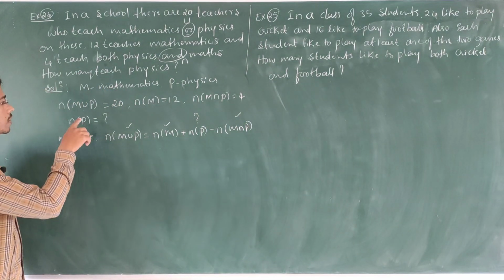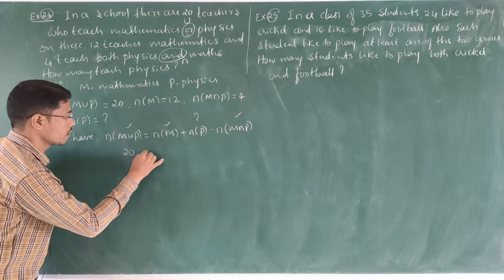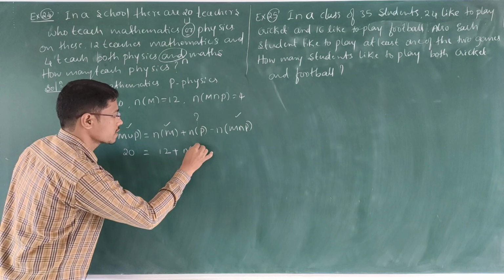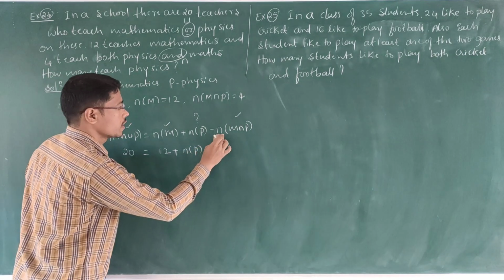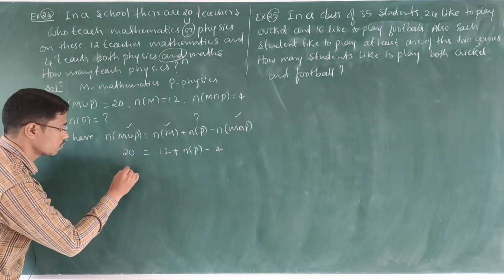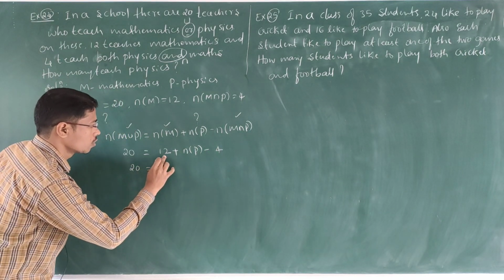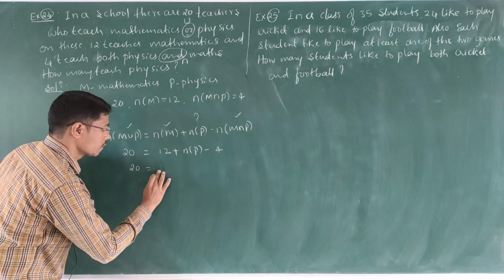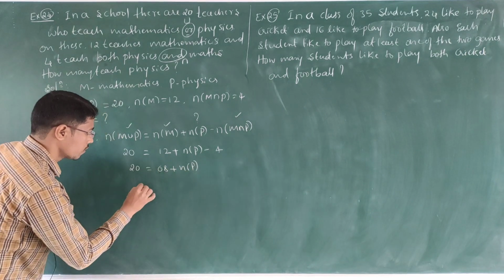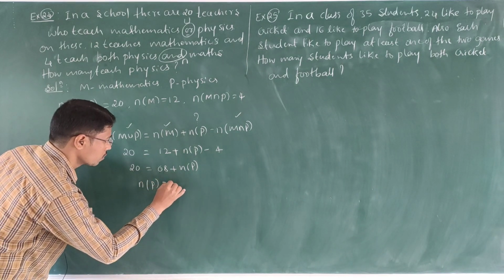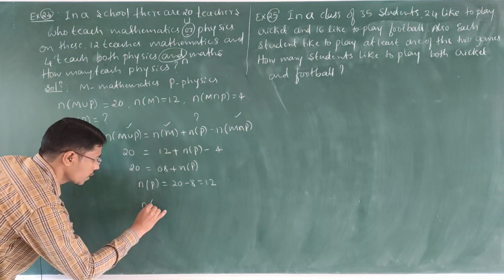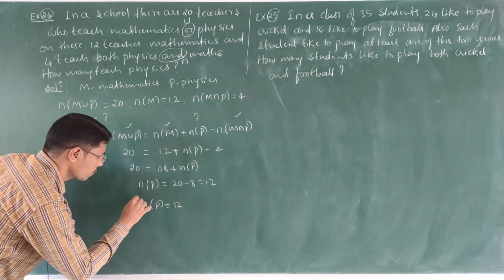Substitute all the given: this is 20, n(M) is 12, plus n(P) as it is, we don't know this so we have to find, then n(M intersection P) is 4. So 20 equals 12 minus 4 is 8, plus n(P). n(P) equals 20 minus 8, which is 12. So n(P) equals 12.